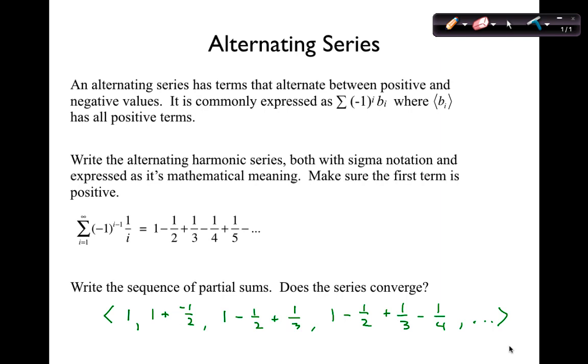So the harmonic series did not converge. What about this? Does this converge? Or can we just say, because the harmonic series doesn't converge, the alternating harmonic series doesn't converge? Or is there an observation that you could make about this?